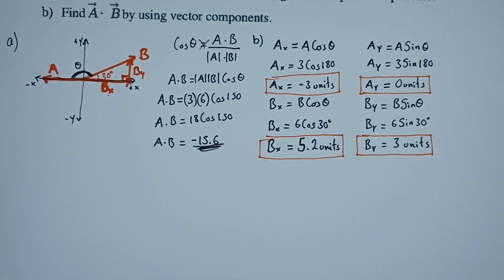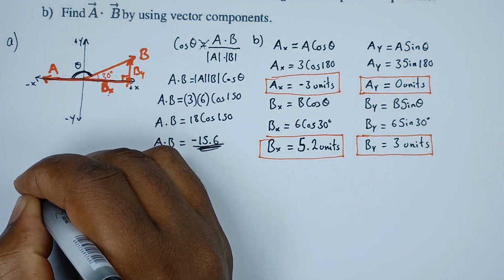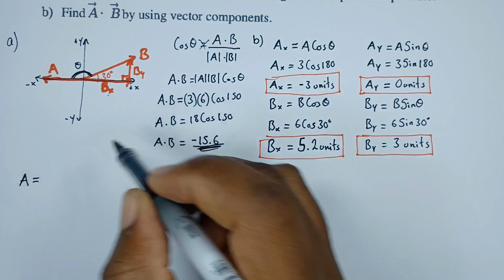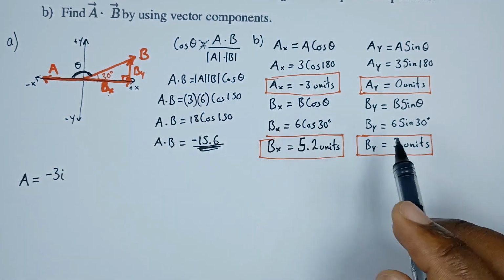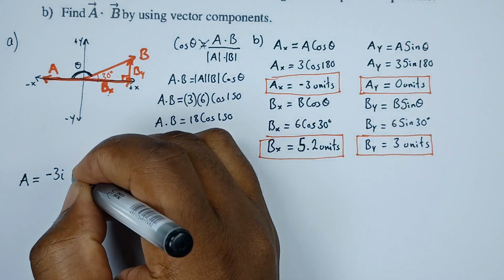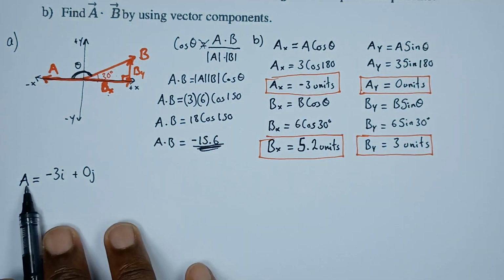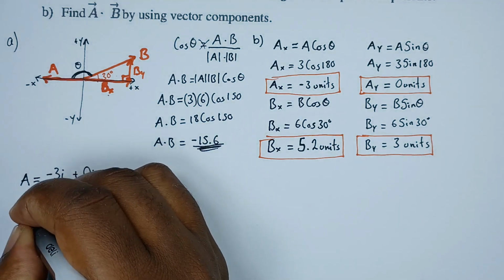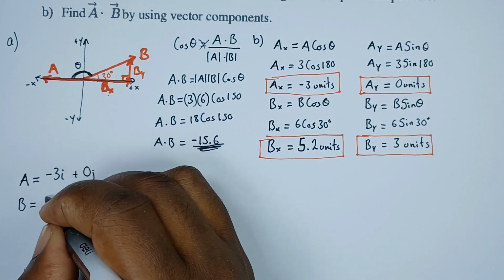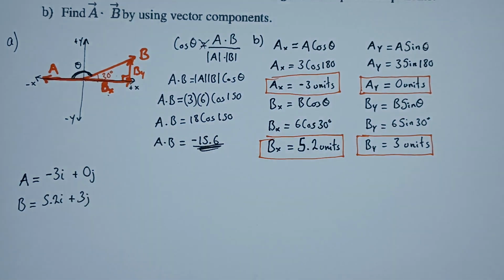So for this one, let's write them as unit vectors. Vector A can be written as the x component is negative 3, so i, the y component is 0, j. Using these two components, let's rewrite vector B. Vector B will become 5.2i plus 3j.